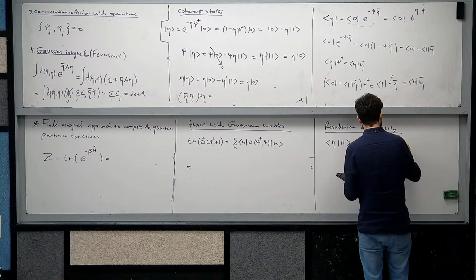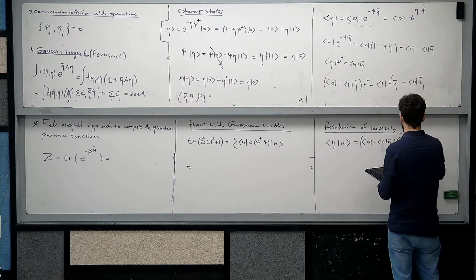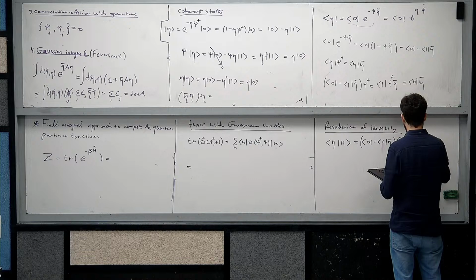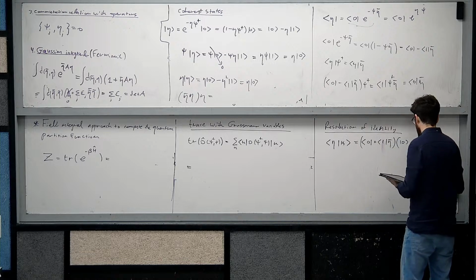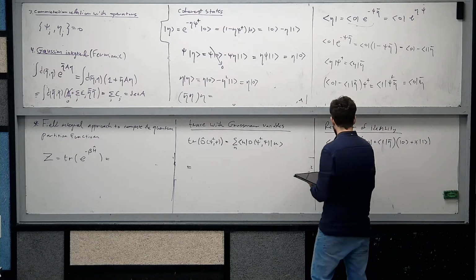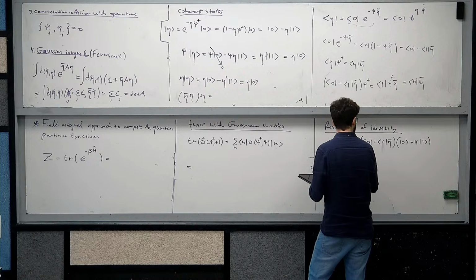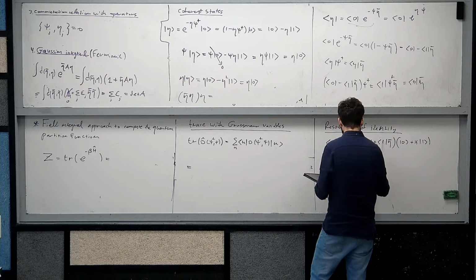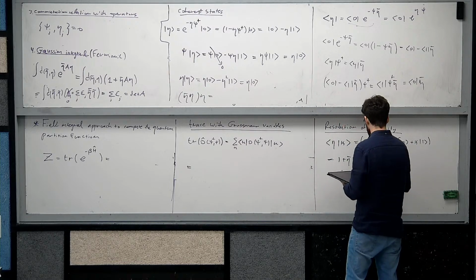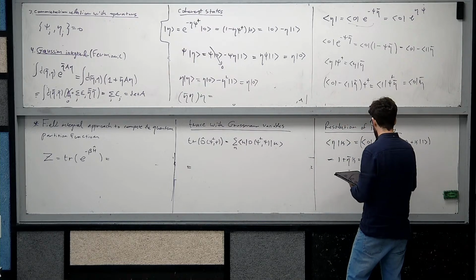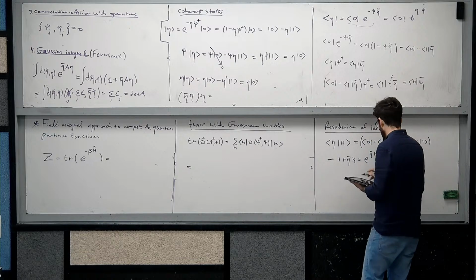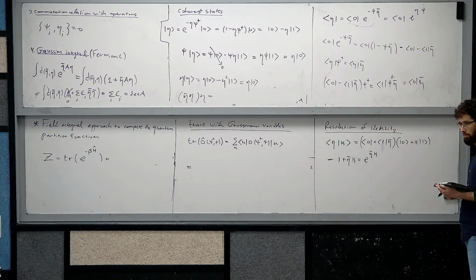This whole thing multiplies 0 plus, say, kappa 1. Okay, and this thing is equal to 1 plus eta bar kappa, which is, to the best of our knowledge, e to the eta bar kappa.